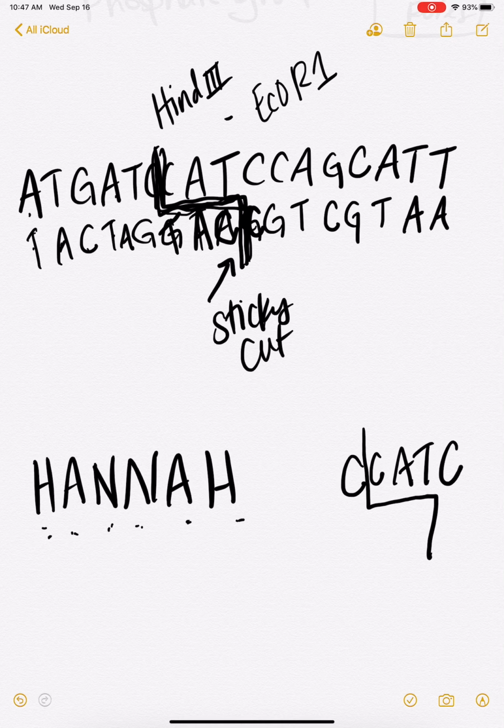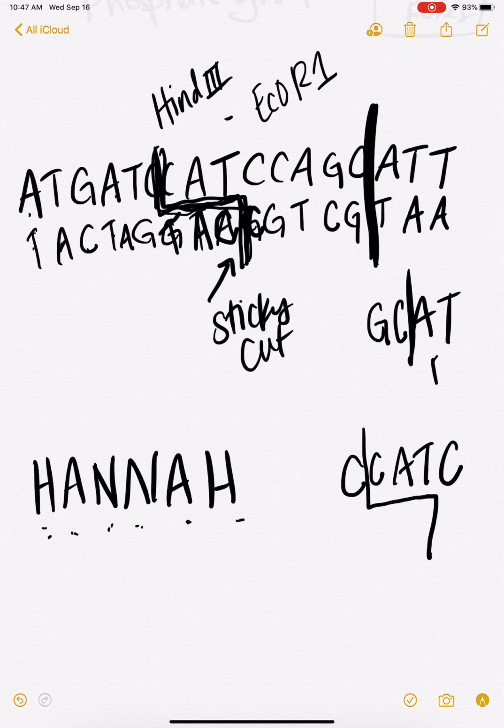Again, this is a sticky cut. Some of them may be a blunt cut. So, for example, maybe a different restriction enzyme recognizes this sequence and it cuts here. And so in this DNA, it would make that cut. That's referred to as a blunt cut, okay?